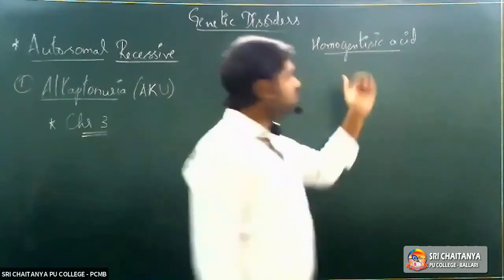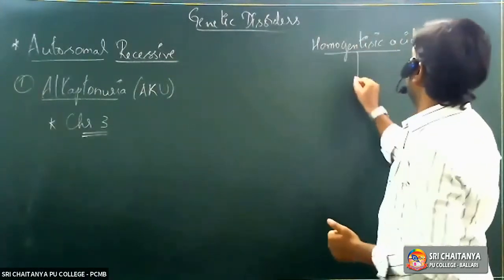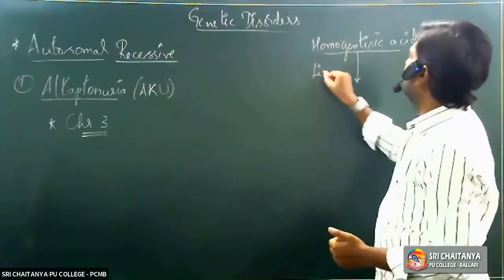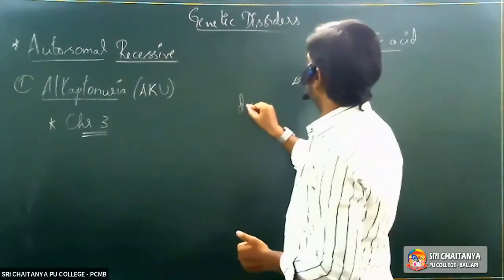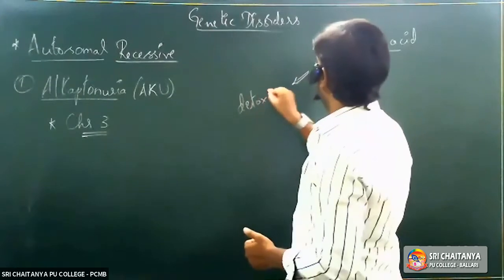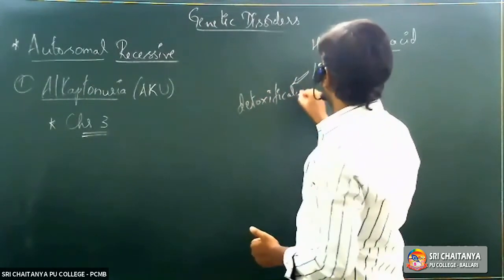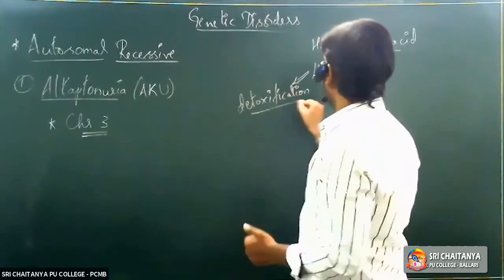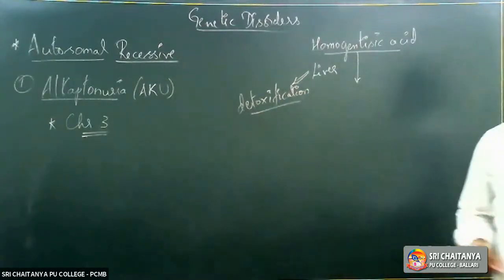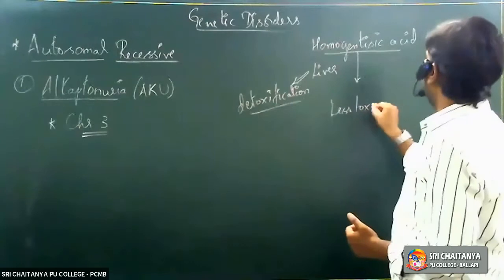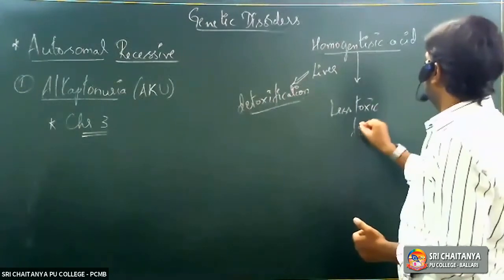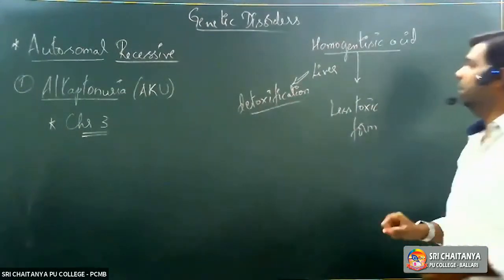This homogentisic acid will go to the liver, where it undergoes detoxification. And due to this detoxification, homogentisic acid is getting converted into a less toxic form.